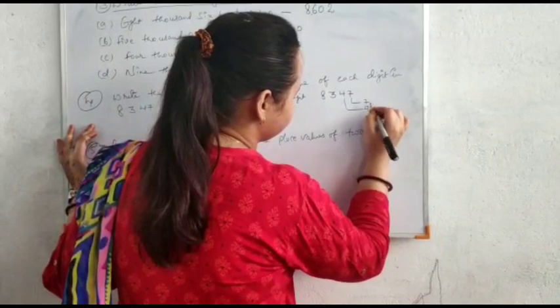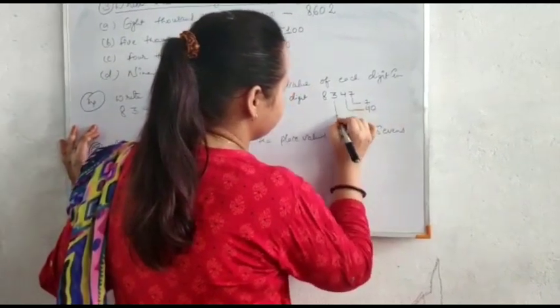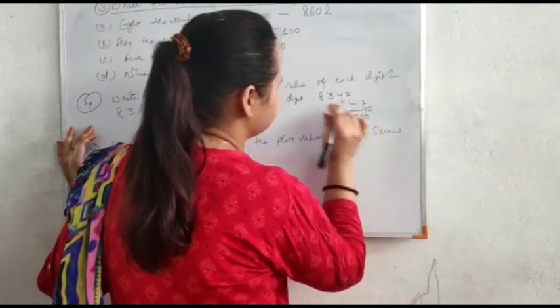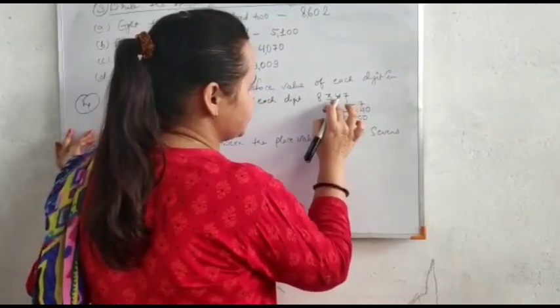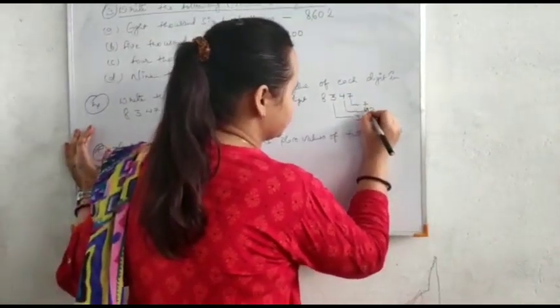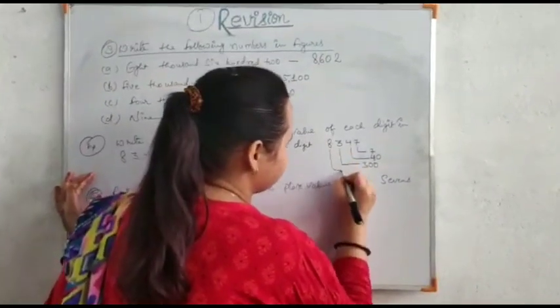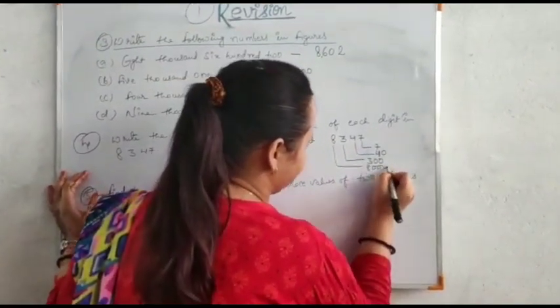7, 40, 300, because it is in 100 place. 1's place, 10's place, 100 place, and 8 is in 1000 place, 8000.